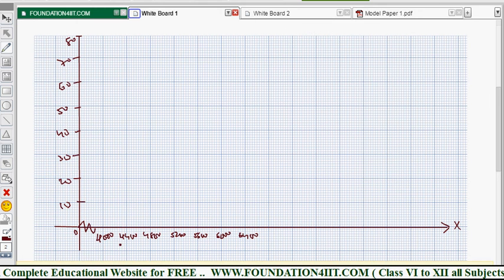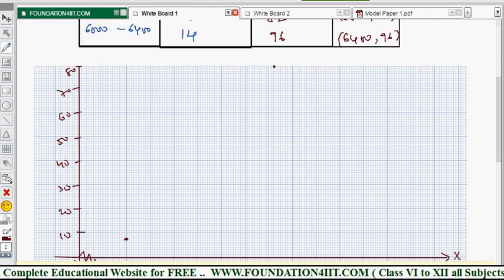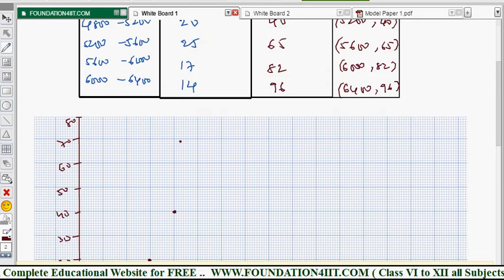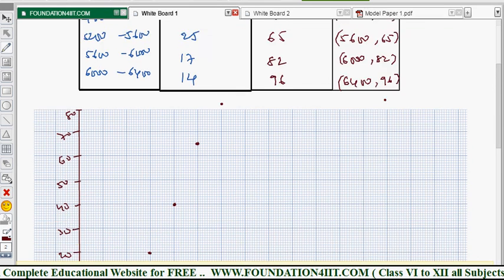Then 4800 is 20, next 40, then 40 again, then 65, 82, and the last is 96.